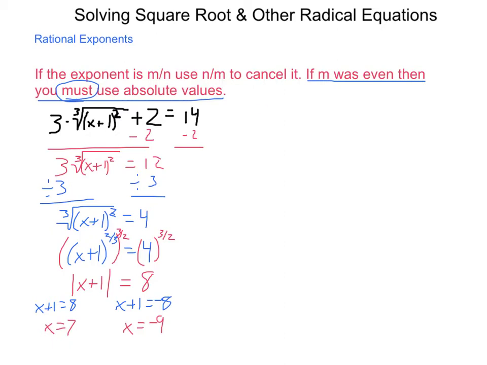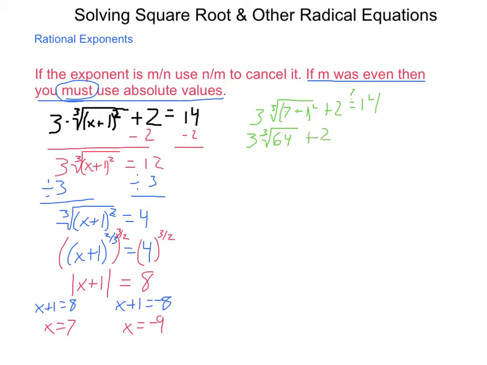So I want 3 times the cubed root of 7 plus 1 squared plus 2. I need to know, is that equal to 14? So I get 3 cubed root of 7 plus 1 is 8. 8 squared is 64.